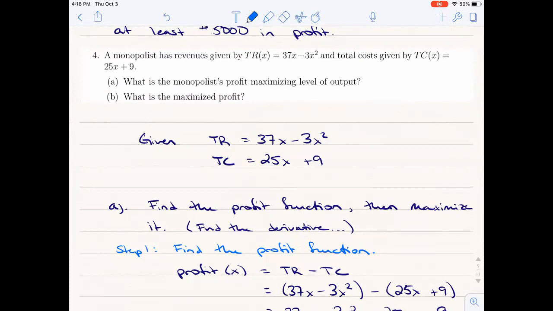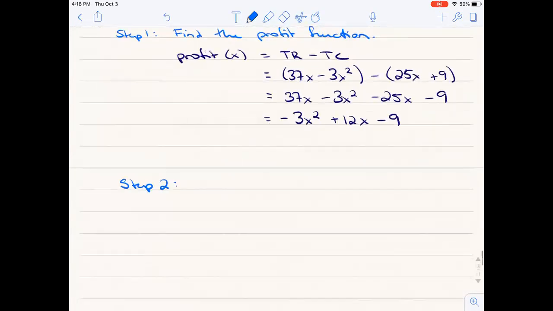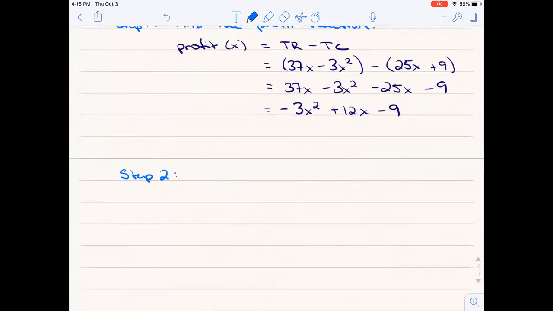So that's basically asking what is x at the maximized value, right? So it's asking solve for x and then solve for the maximized profit, right? So I've just broken it up into 2 parts. So step 2, find the derivative.